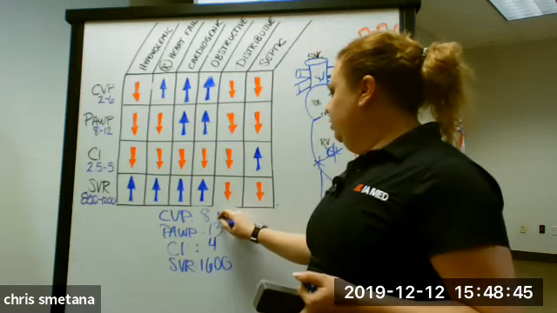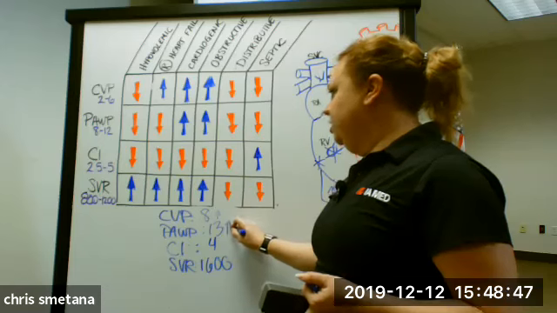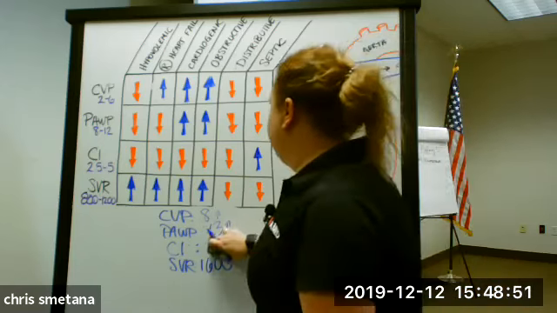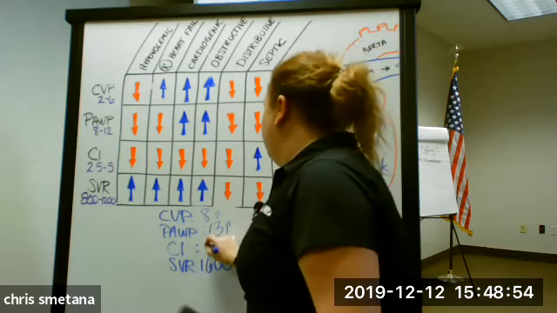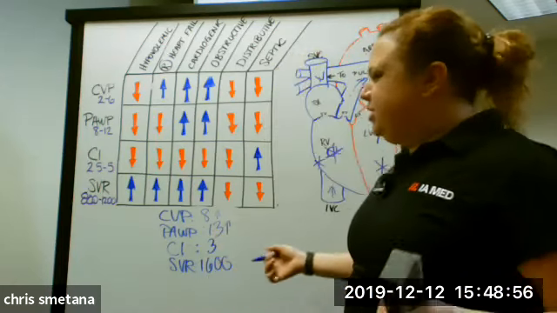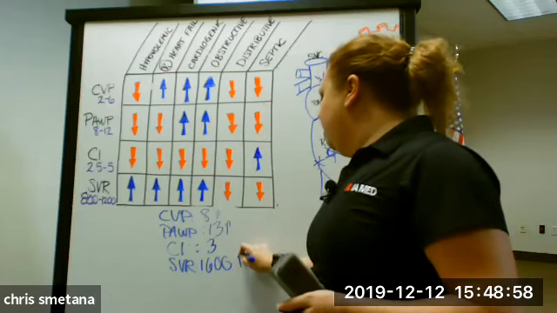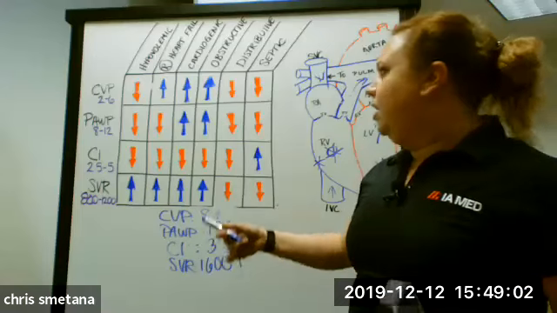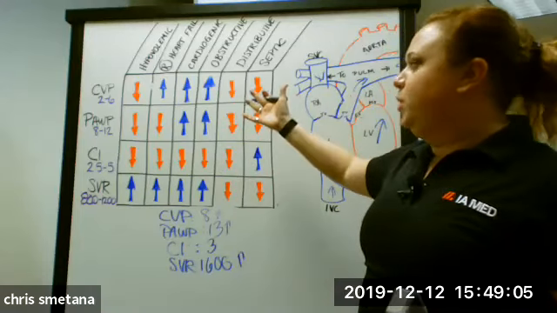So my CVP, a little bit high, my wedge pressure, borderline high. I note that my cardiac index, actually, let me change my cardiac index to like 3 here. Yeah, we'll go 3. My cardiac index is 3, which is kind of right in the middle. My SVR is hanging out at 1600. So this might be somebody post-cath or some sort of cardiac event.